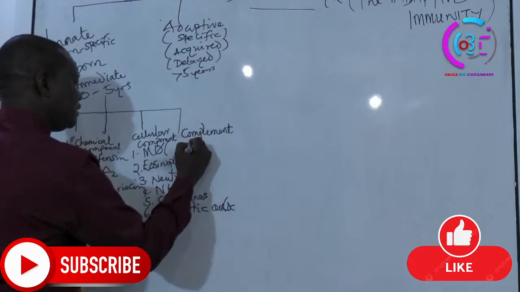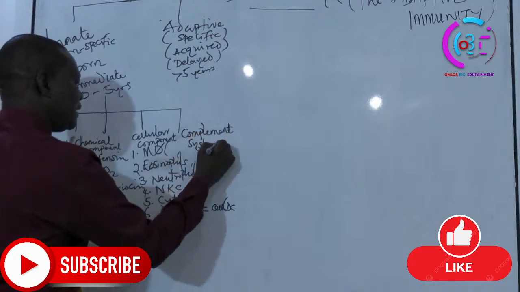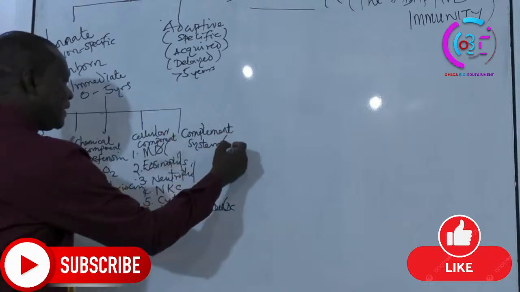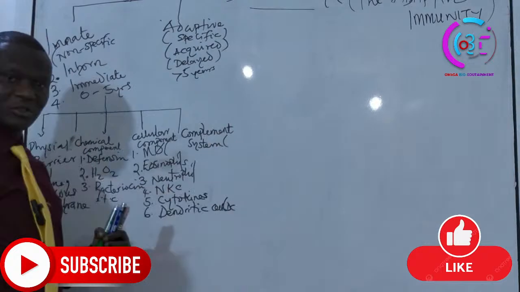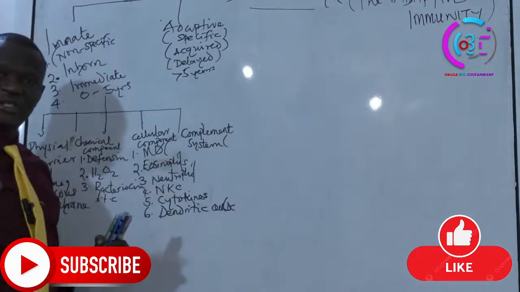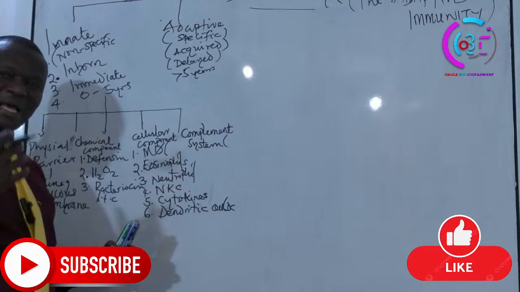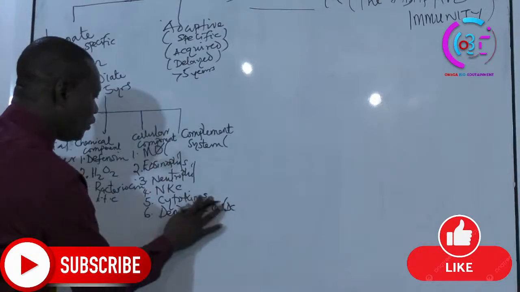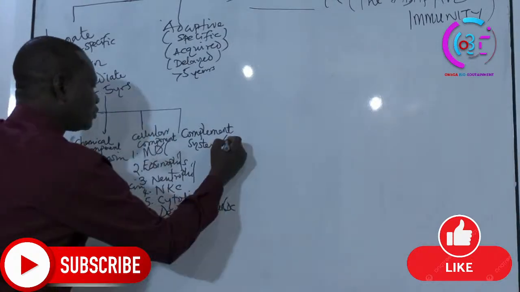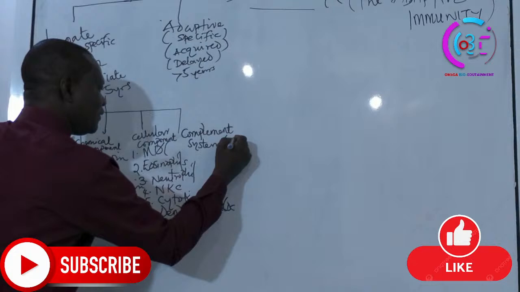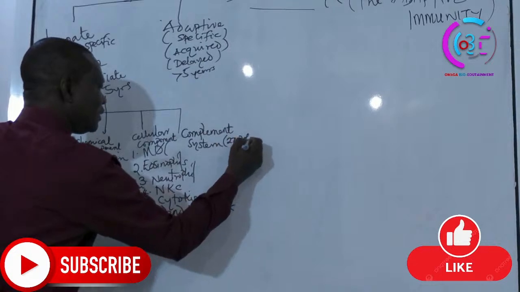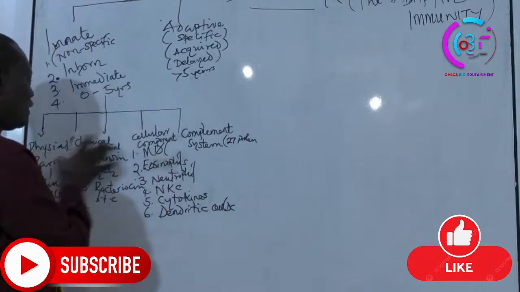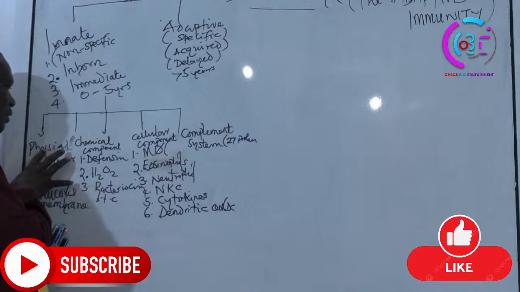Complement system, and I've told you that from the word complement, these are certain proteins that were discovered in the plasma of the blood, and later it was found to consist of more than 27 different proteins that intricately work together in order to complement the efforts of other arms of the innate immune system.